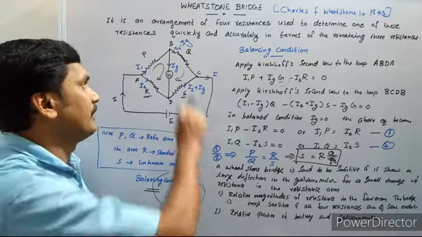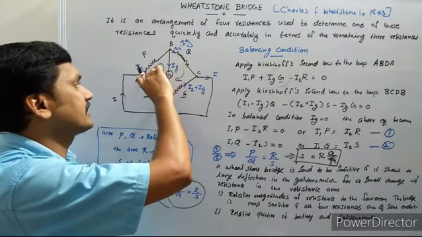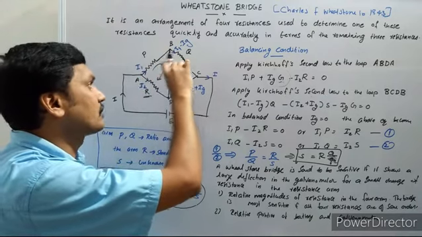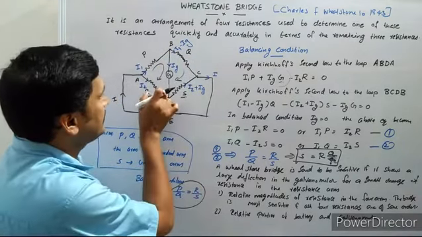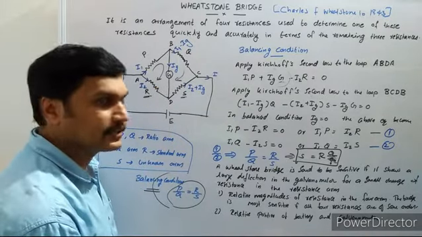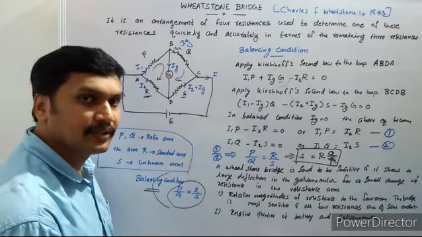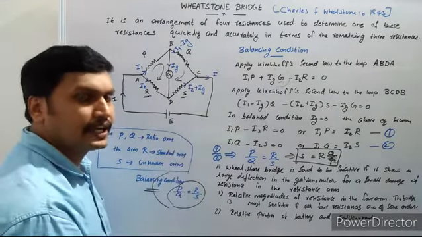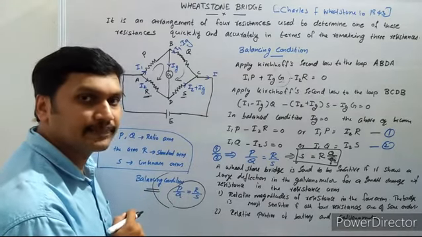To make it a balanced condition, we adjust the value of resistance in this arm. If it shows a large change in deflection for a small change of resistance, then the bridge is sensitive. With high sensitivity, we can measure even a very small resistance most accurately.